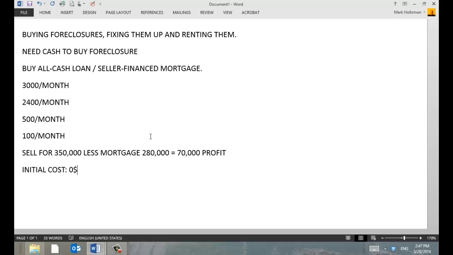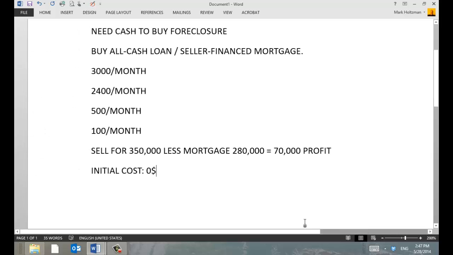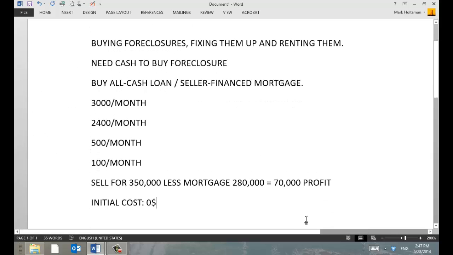So if you follow this, I don't want to really comment on the ethics of it because there are ethical problems. So what's to go wrong? It's still possible you could be in a negative position. Because what could happen is I could buy the house, and then it costs so much money, and I put money in, either to repair the house or to do some kind of maintenance to fix the house up.